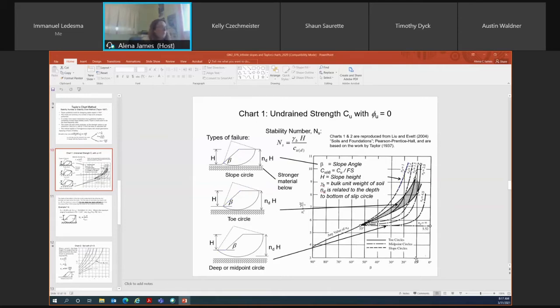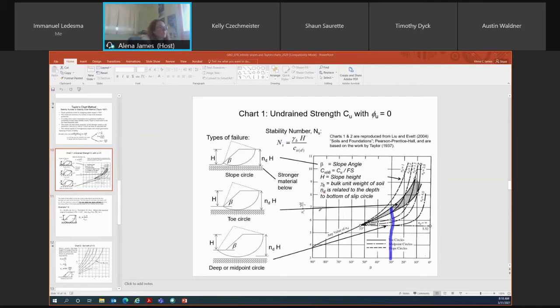So say, for example, if I did a calculation and I calculated my ND value to be 1.2, and I knew that my slope angle was 30 degrees, I could use this chart here. I would draw a vertical line along the 30 degrees up to my ND value, I'll just take it here, it's about 1.1, and then I would draw a horizontal line over to my y-axis, and I would be able to determine my NS value to be 7.